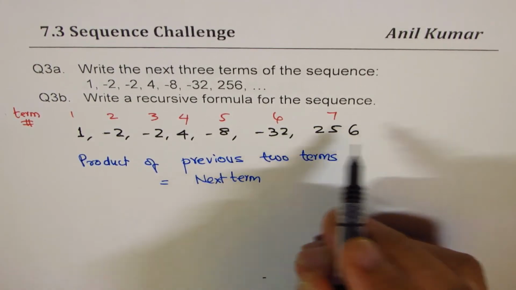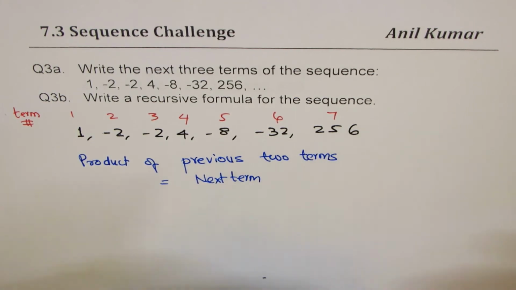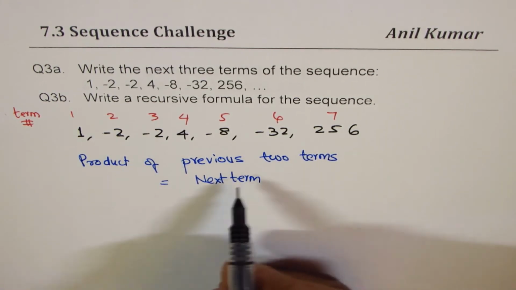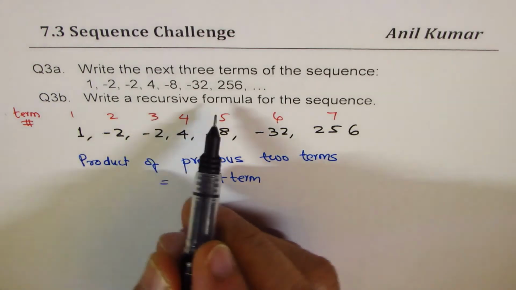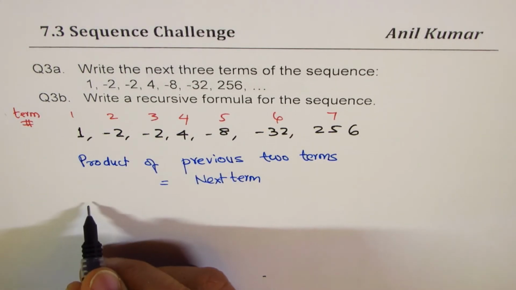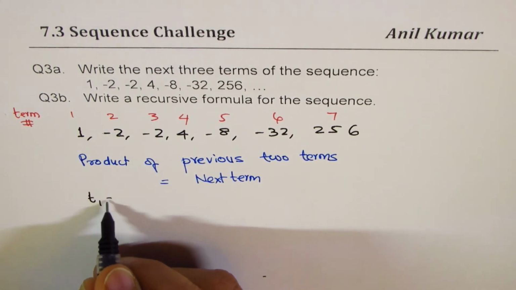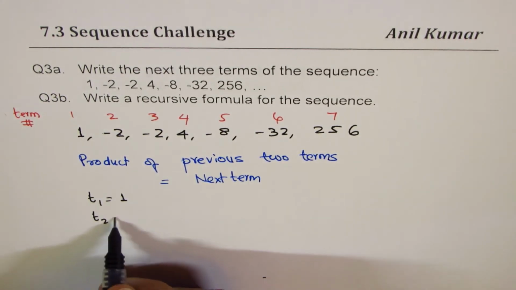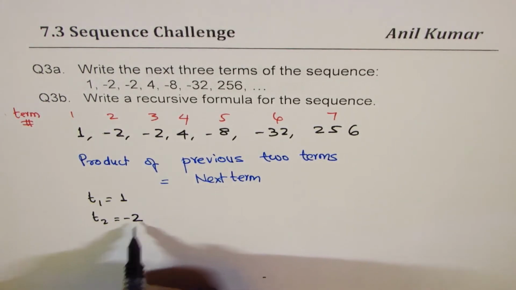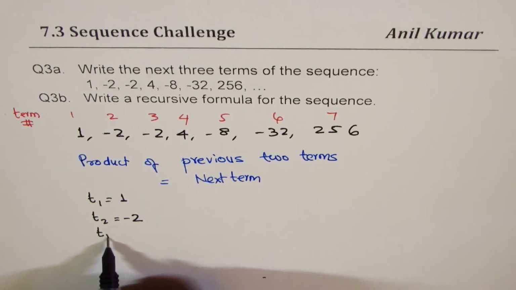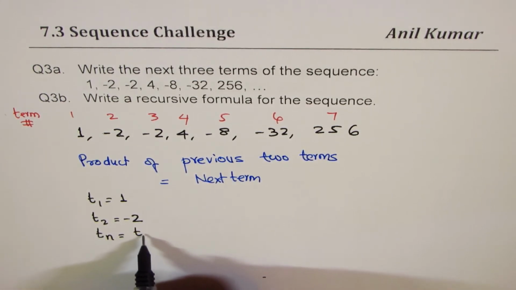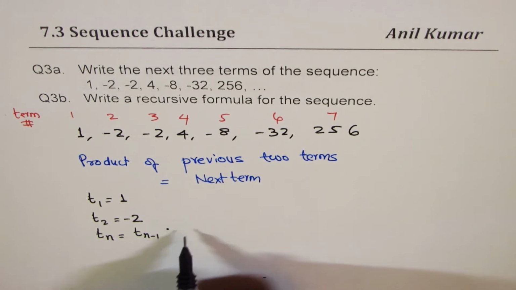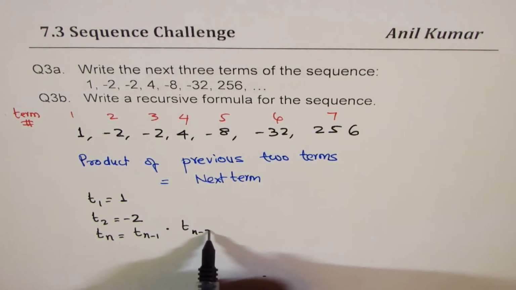So we get our formula also. Using the formula, we can always write the next terms, right? So I'm writing the recursive formula first. Our first term should be 1, and then our second term should be minus 2, and then the nth term is t(n-1) times t(n-2).